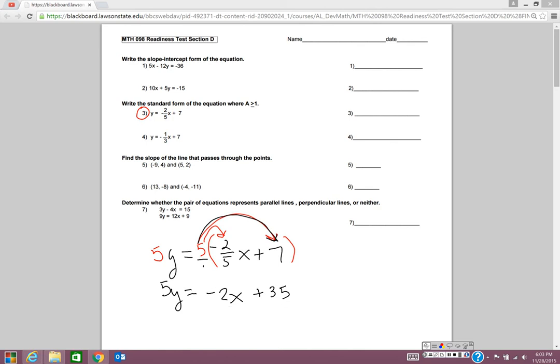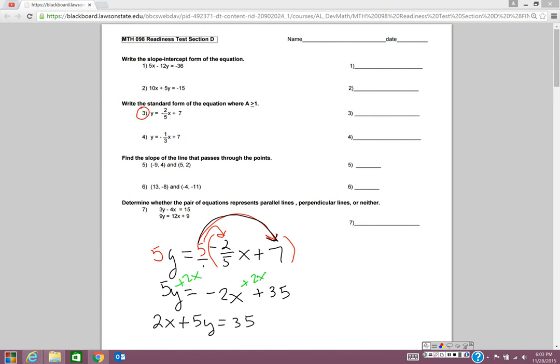Now the only other move that we must make is what? Now notice that we don't have fractions, but we have to satisfy the other two rules. And it's as simple as just adding 2x to both sides. That way, notice our x and y are now on the same side, so I'll write 2x first, plus 5y equals 35.